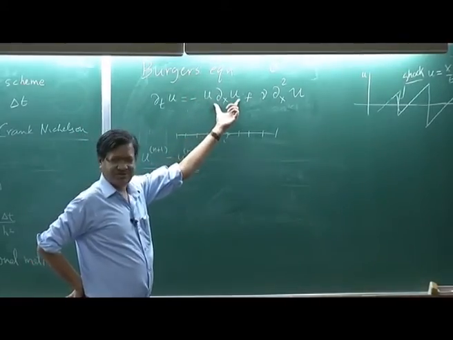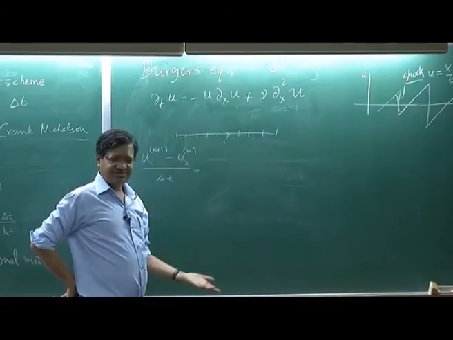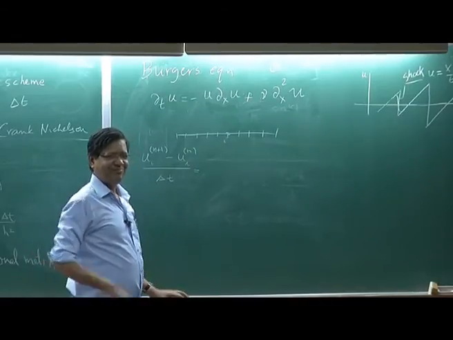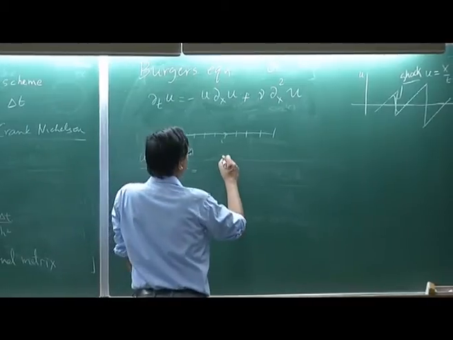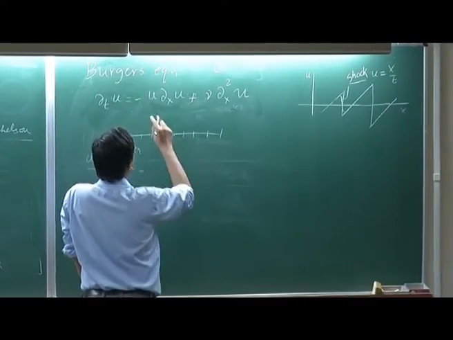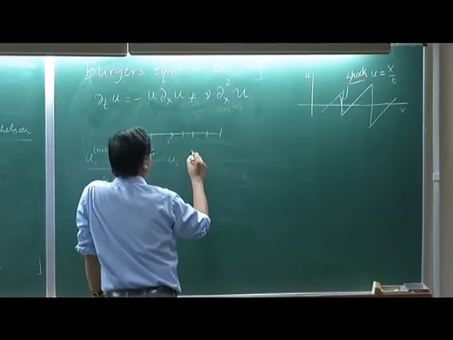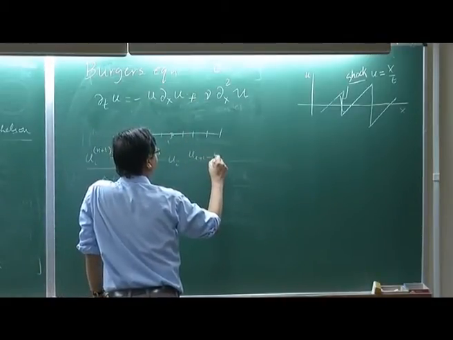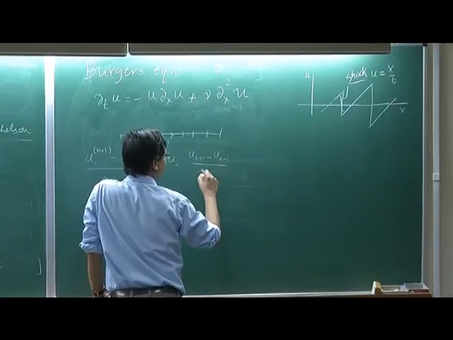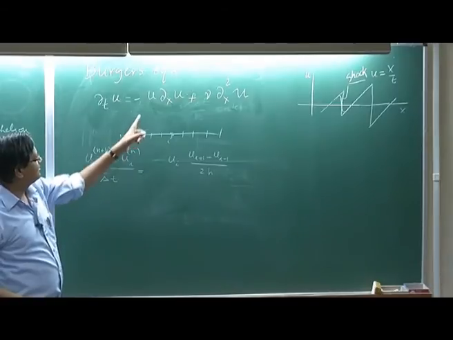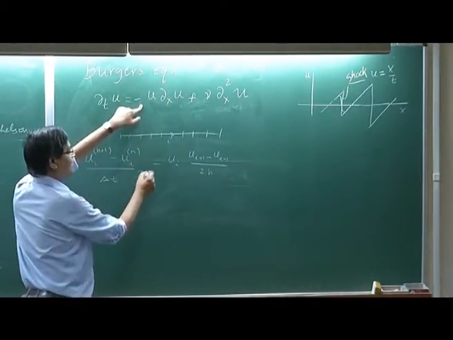You need to compute the derivative. So, use central difference, which could be a problem, but central difference will be, at position i, u i plus 1 minus u i minus 1 by 2h, correct? A minus sign here.